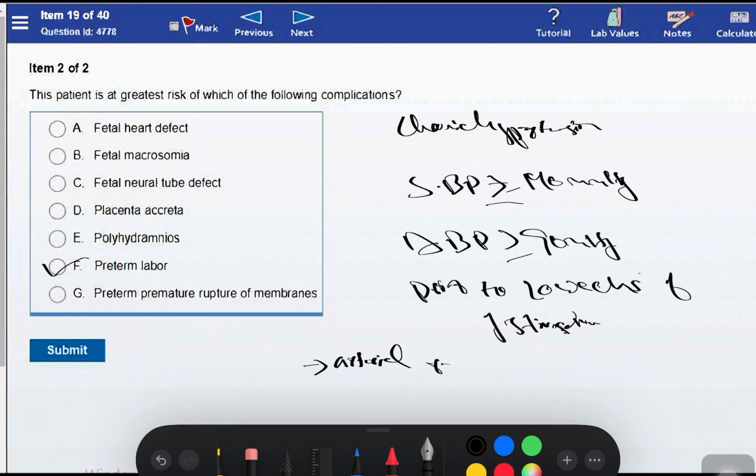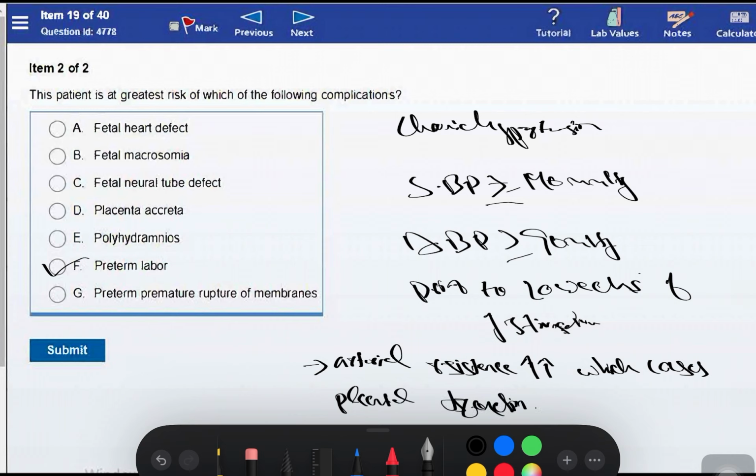Because the arterial resistance increases too much due to hypertension, which causes placental dysfunction, and hence the baby will be delivered at less than 37 weeks of gestation. So this is preterm delivery. Choice F is the correct one.